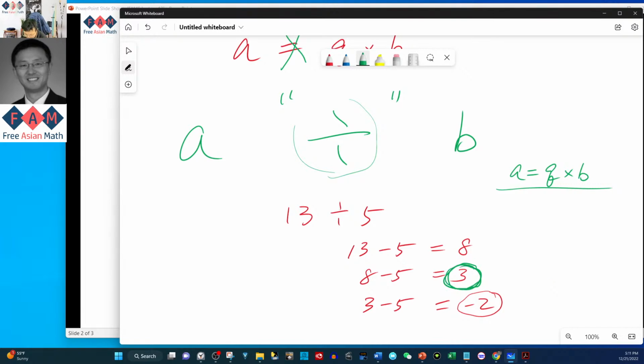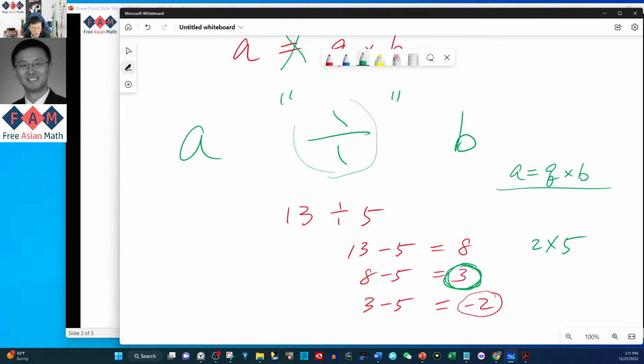So at this point, we have checked two things. First, how many copies of 5 have we already subtracted from 13? 1, 2. So we have 2 5s that have been subtracted. At the same time, we have something remaining, and that is 3.